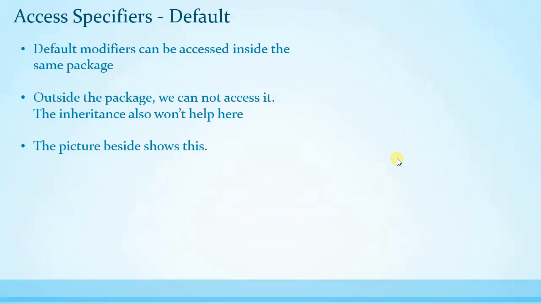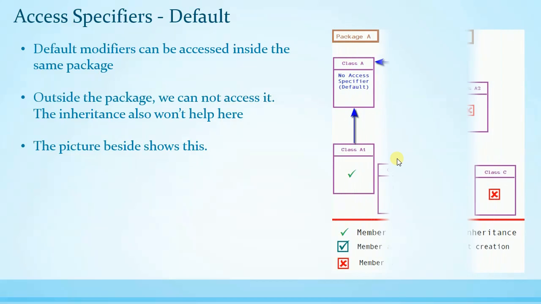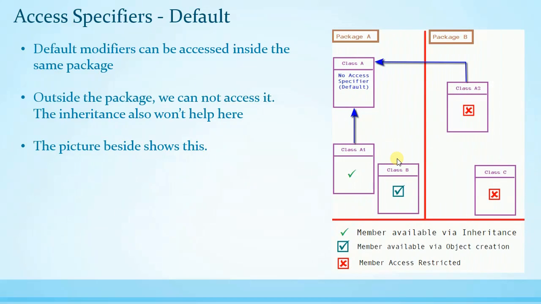The picture beside shows this. If you see, the restriction is now tighter. Outside the package, we are not able to access it. Class A2 cannot access the default access specifier member. A default member is a member not marked with any access specifier, that is, not marked with private, public or protected.